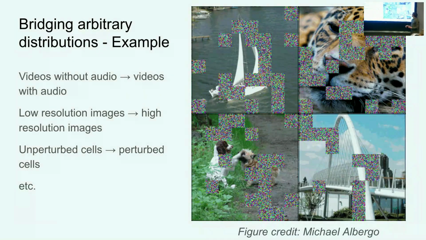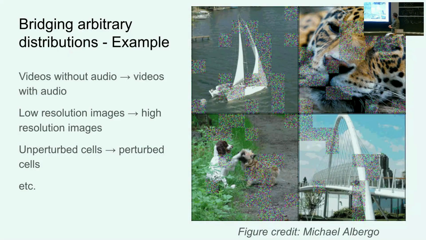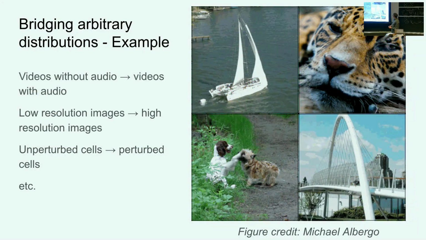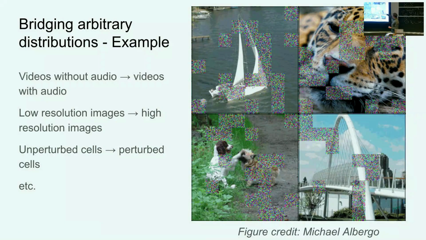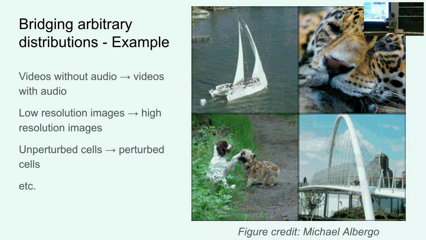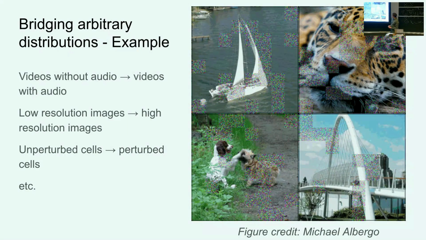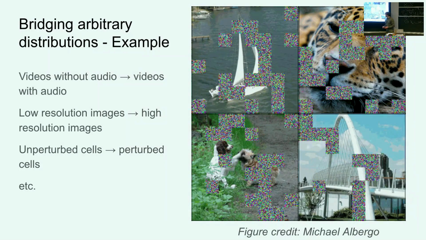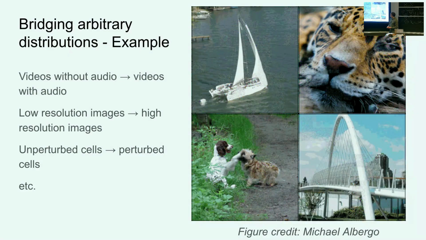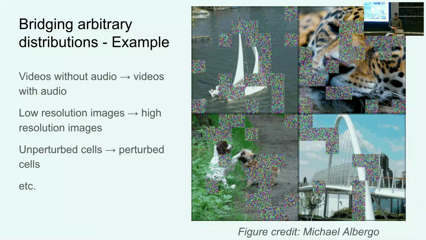And here's, for example, an example from the works of Michael Albergo on stochastic interpolants, where you convert only partial noise in an image to a full image. You see it's step by step being recovered to its full high resolution image. So you basically unmask certain parts of it.